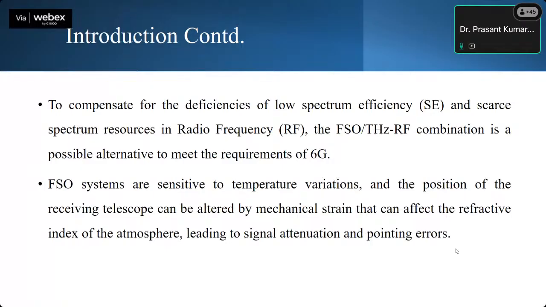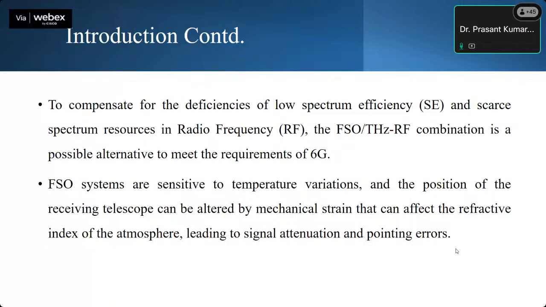If you see the other aspects, the requirement for high-speed communication is spectral efficiency. In radio frequency spectrums, the spectral efficiency has limitations, and the spectrum bandwidth is also limited for RF scenarios.